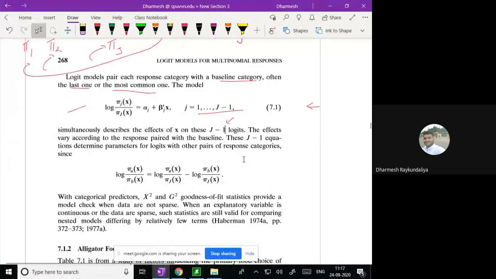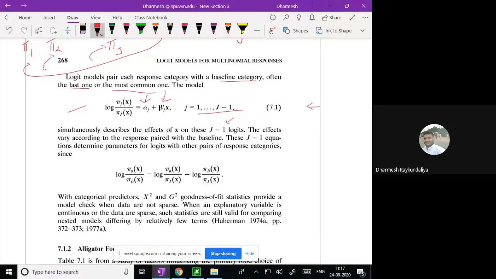Here you remember that the intercept for each category is different, and the regression coefficient is also different. That means given a value of x, you get a separate value of intercept and a separate regression coefficient for each category.